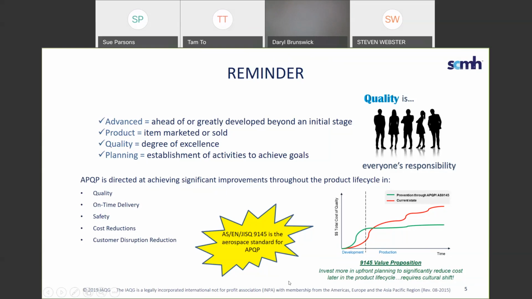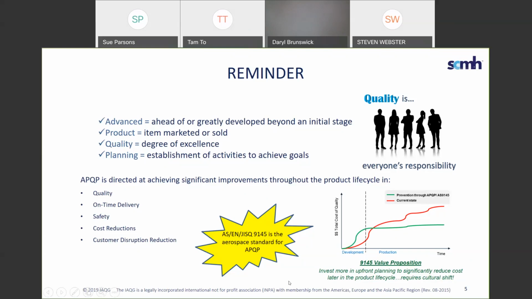And then finally, planning is the establishment of the activities to achieve these goals. So in application of APQP, we will spend more time upfront to help improve quality, on-time delivery, safety, and help reduce costs and customer disruption.